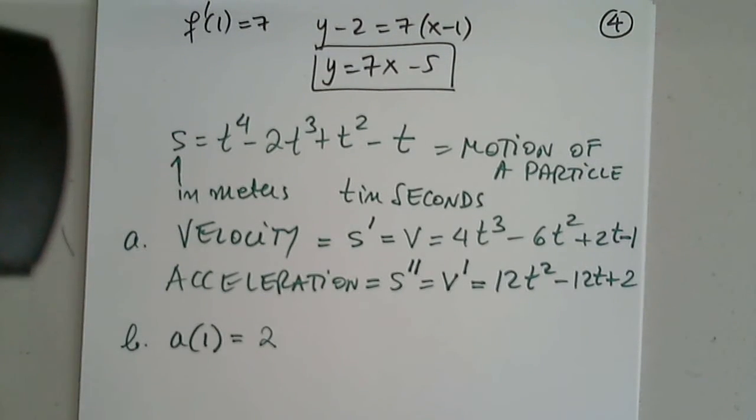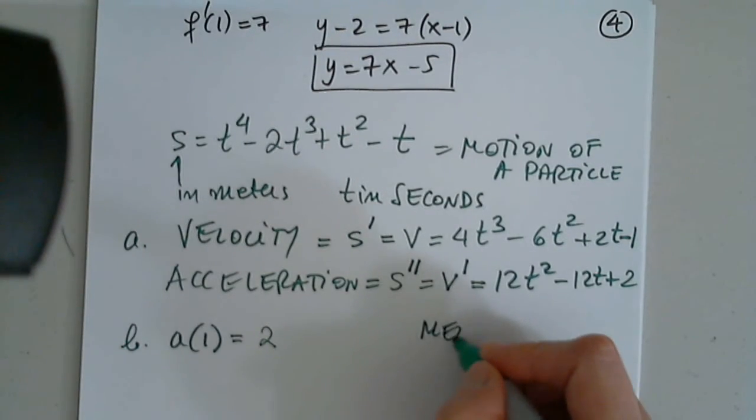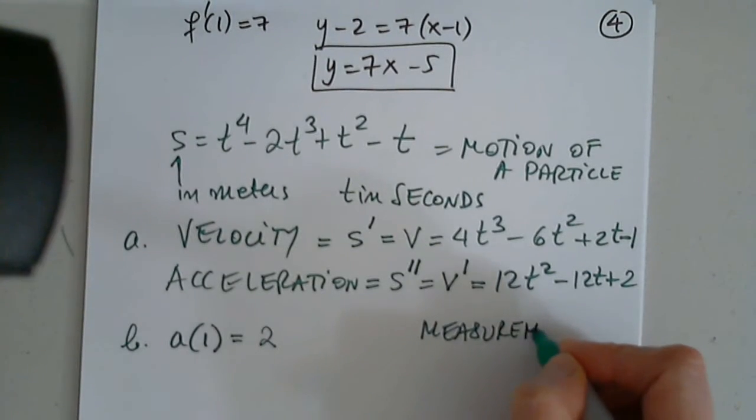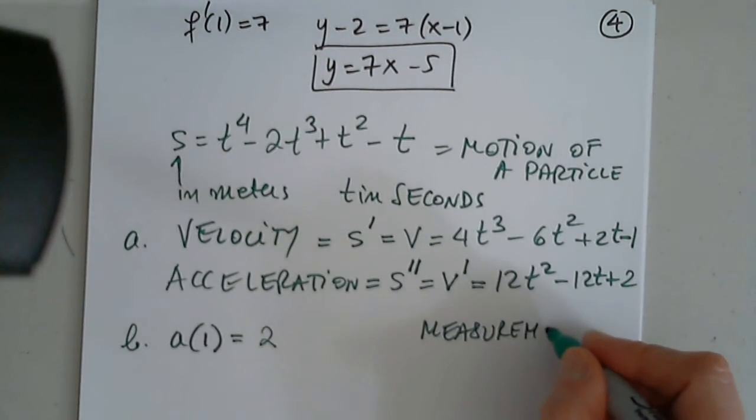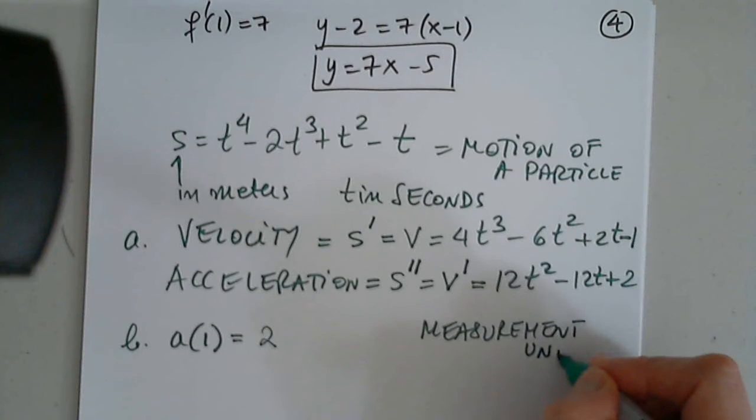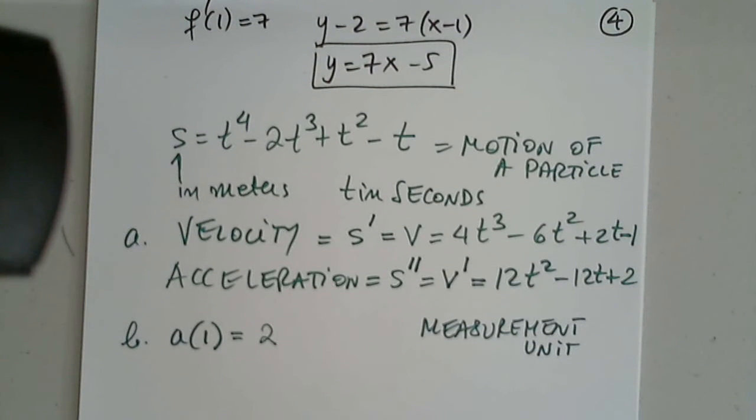Good. So 12 minus 12 will be 0 plus 2, which is 2. Measurement unit. Please do not ever forget the measurement unit. What is the measurement unit for velocity? I think it's meters per second.